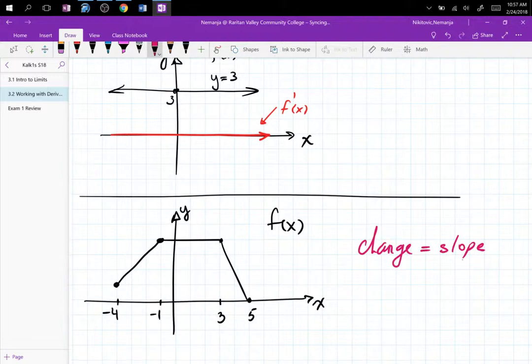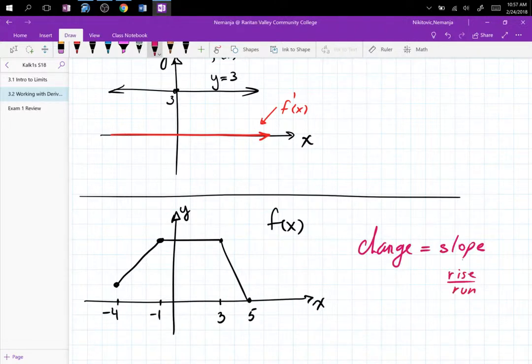This desk is flat. If I'm to walk on this desk, or on the floor, I'm not going to change the height at which I am because it's flat, right? But if I'm going uphill or downhill, I am definitely changing the height. And uphill, downhill, it's a slope, right? So change is slope, and slope is rise over run.